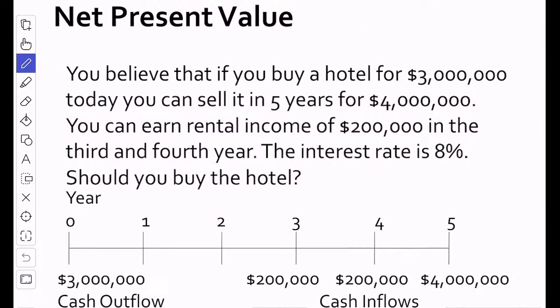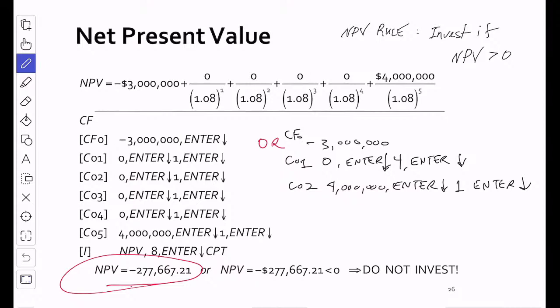All right, so I'm going to modify the hotel example. Does anybody have questions about the calculation? NPV also can be solved in Excel.